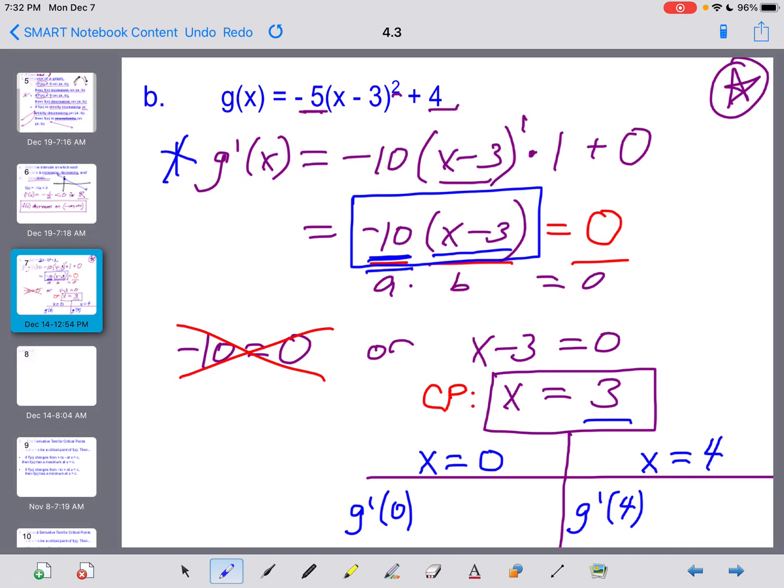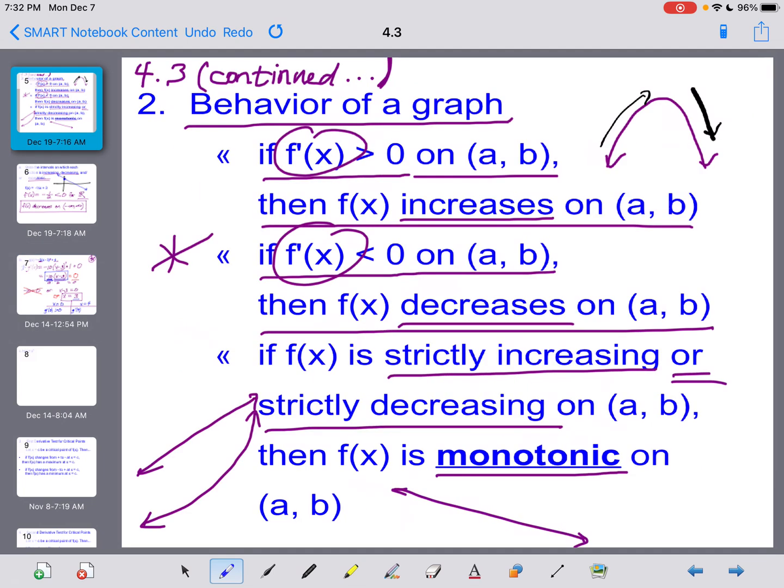And a negative number times another negative factor is going to give us a positive derivative. And where g prime is positive, let's go back to what we wrote here, and now let's look at the first line. When your derivative is positive, then your function is increasing on that interval.